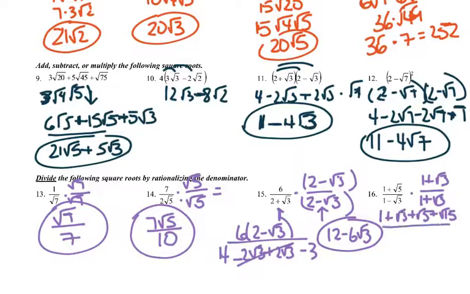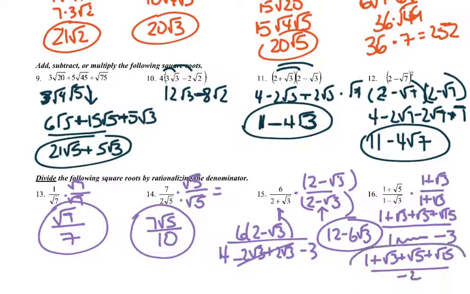That's a 3. And then the denominator, 1. Now if you want to just not do the outers and inners because you know they're going to cancel out, positive root 3, negative root 3, that's fine. And then the last term is minus 3, so it'd all be over negative 2. The bummer about this one is that nothing in the numerator really combines, so it's all over negative 2.